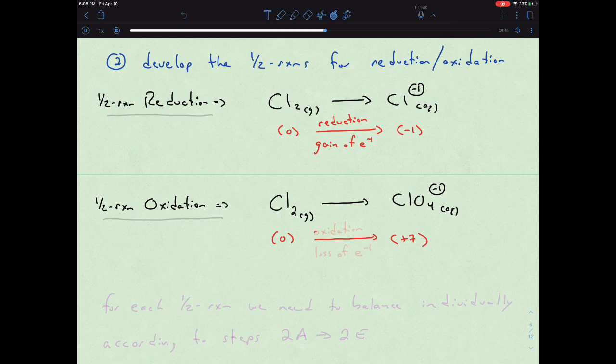And so there is our oxidation. There is our loss of electrons. So step 1, we identify the oxidation numbers so that we can define in step 2 the changes that are occurring, so we can define the half reaction for reduction and the half reaction for oxidation.